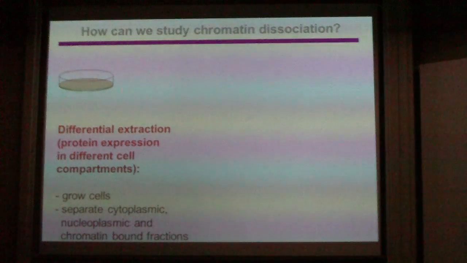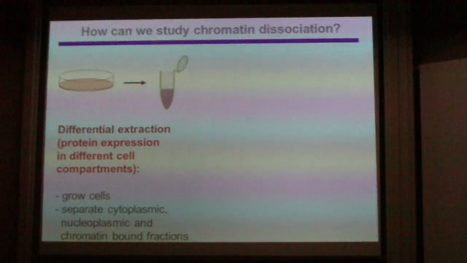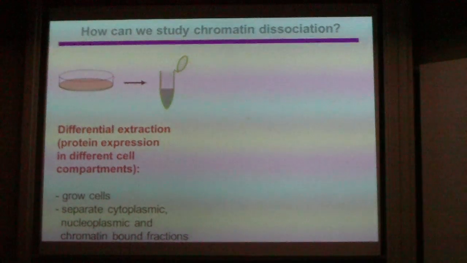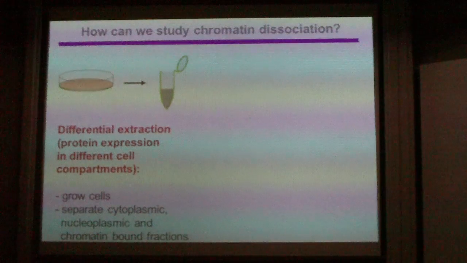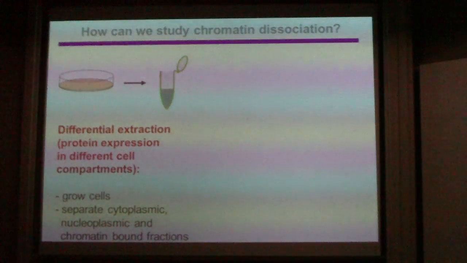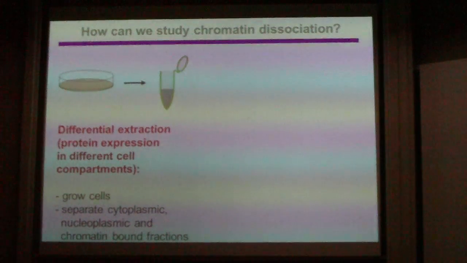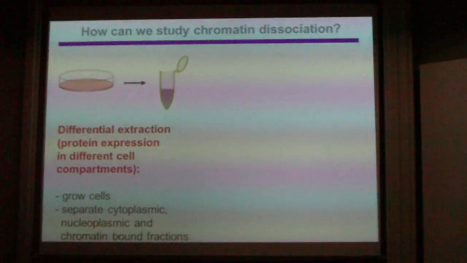Again, we grow cells and we make a lysate of it. For this, we use a very mild buffer, and this will only lyse your cell membrane. Therefore, you will end up with your cytoplasm in solution, and your nuclei will be included in the pellet when you spin down.